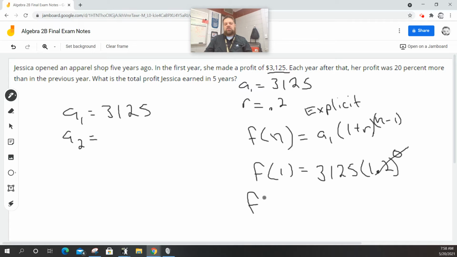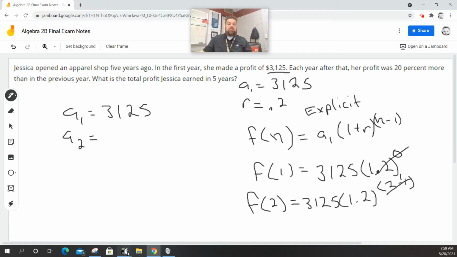So now the second term using the explicit form would be 3,125 times 1.2 raised to the 2 minus 1. So this is just raised to the first power.